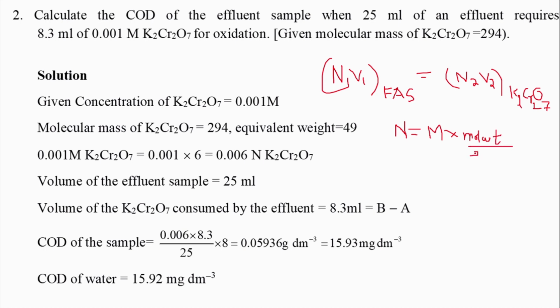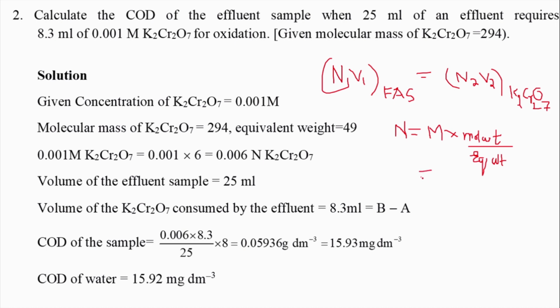Here we have K2Cr2O7, so we should take the equivalent weight and molecular weight of K2Cr2O7. In the problem they have provided us the molarity of the K2Cr2O7. Hence, let us convert that into the normality. Later that will be taken as N of FAS according to the previous formula.